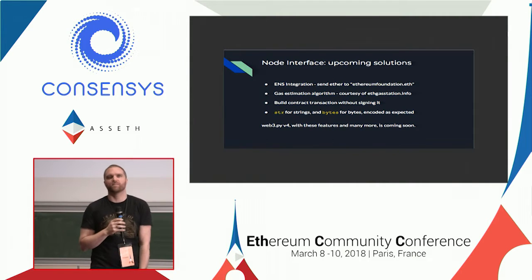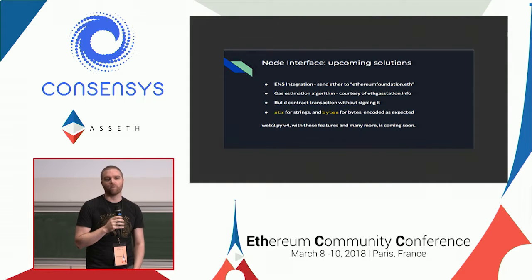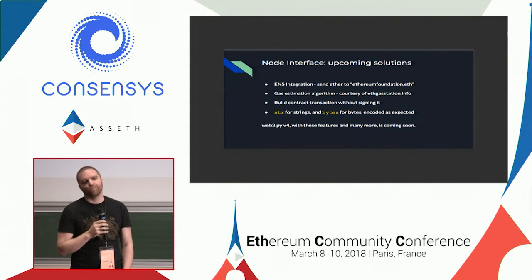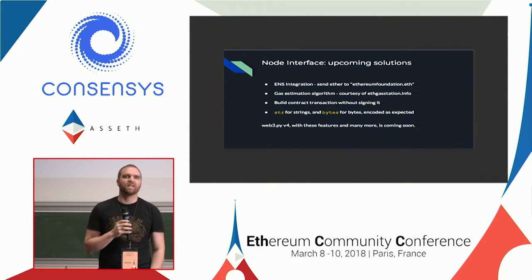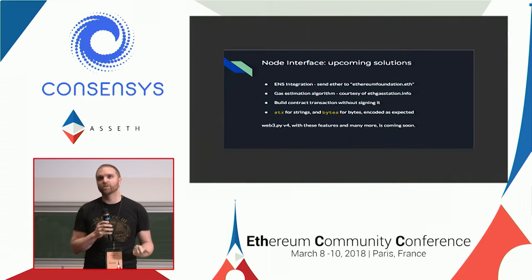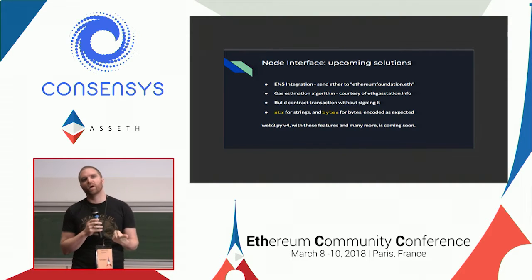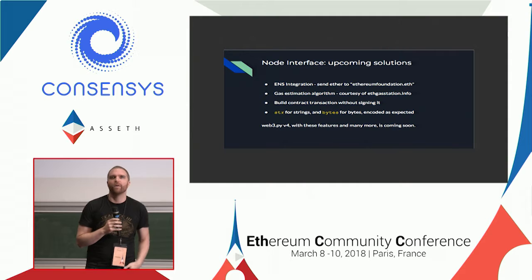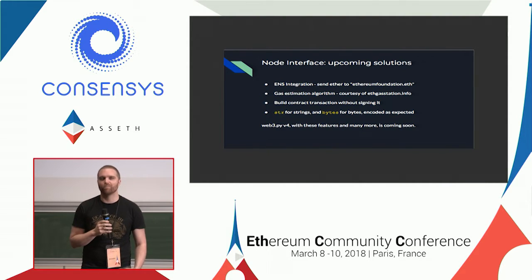So some examples of things that are changing going forward in version 4, which is out in beta right now, is when you're sending transactions to an address, you can also send transactions to an Ethereum name service address. So this will be a bit more obvious if you have a typo in a name.